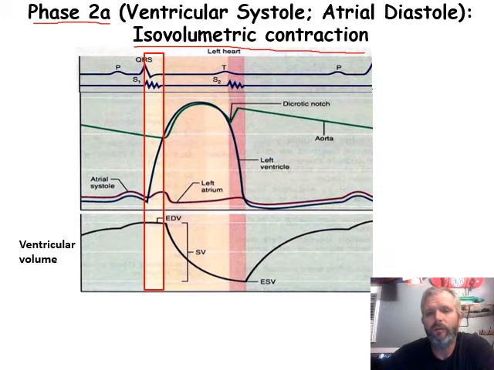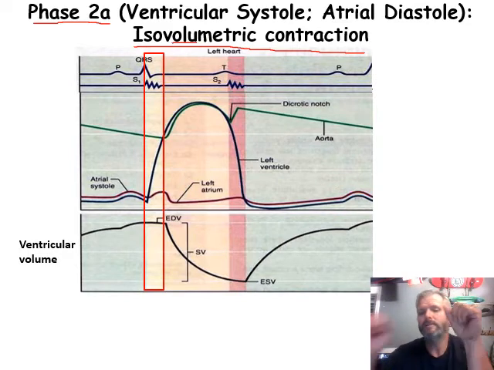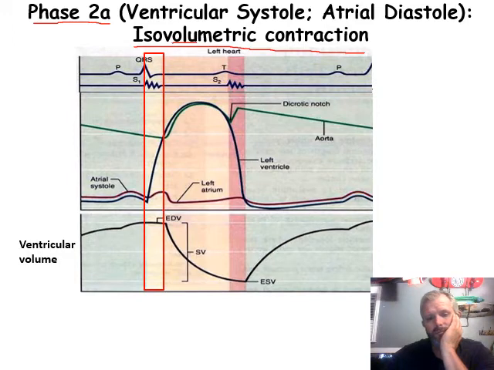So isovolumetric, you might see it as isovolumetric ventricular contraction, but iso meaning same, and volumetric, same volume. That means, and you can see it here, that the volume of blood in the ventricles is not changing during this phase, but the ventricles are going into contraction.